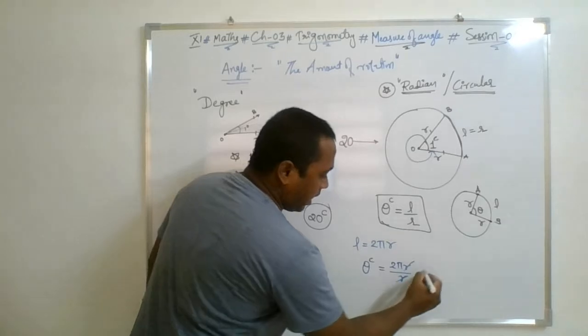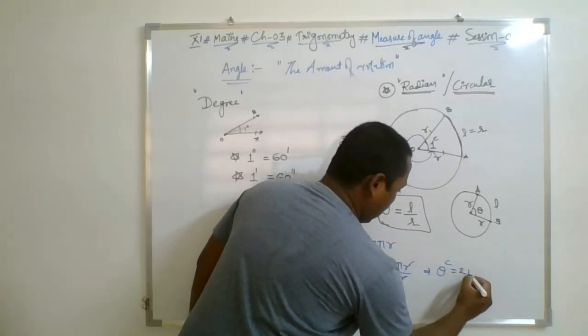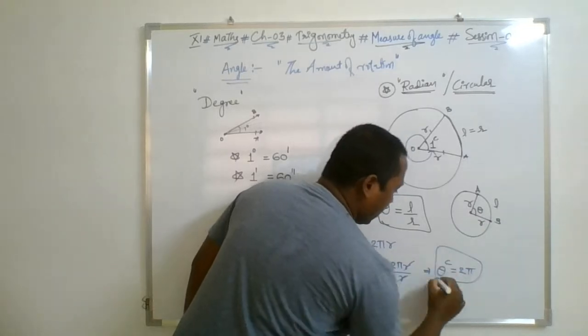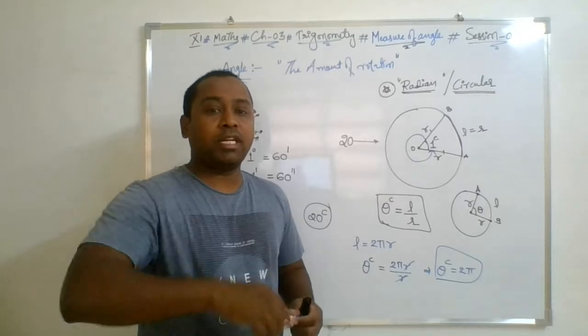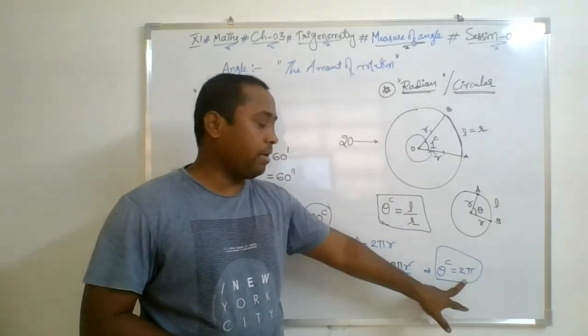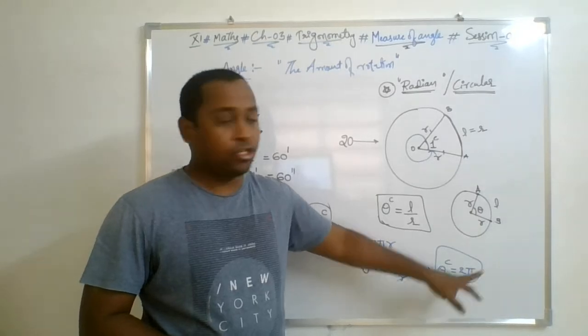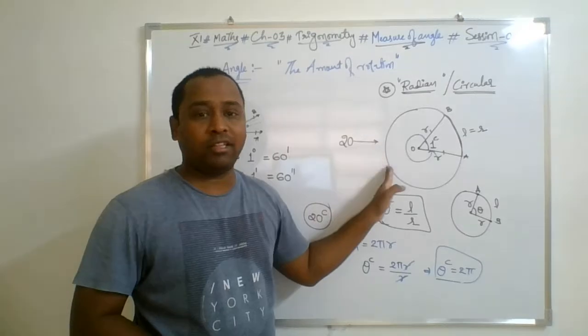So r gets cancelled, then theta radians is equal to what? 2 pi. So in one complete rotation, the angle subtended by the arc at the center of the circle is given by 2 pi radians. एक complete rotation में 2 pi है, तो half rotation में कितना होगा?